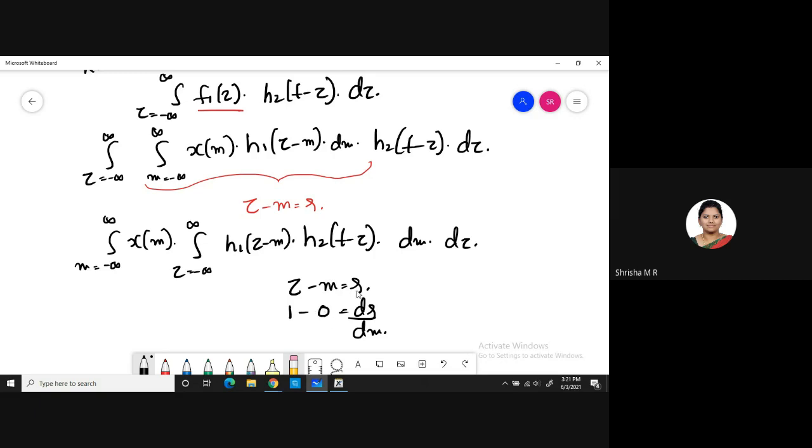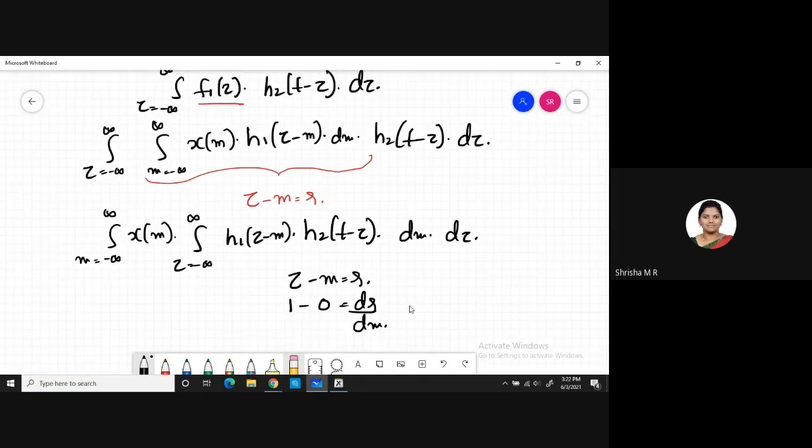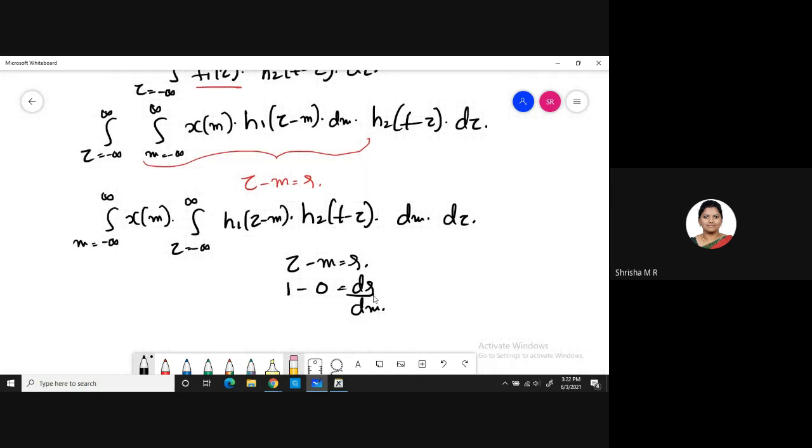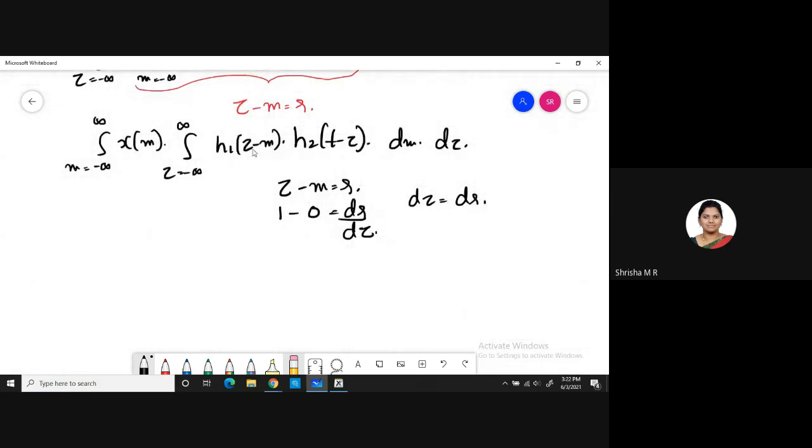And if you differentiate r, you get dr by d tau. Sorry, it's not dm, it's d tau. We are differentiating this equation with respect to tau. So your d tau will be equal to dr. Okay. So let us substitute these.